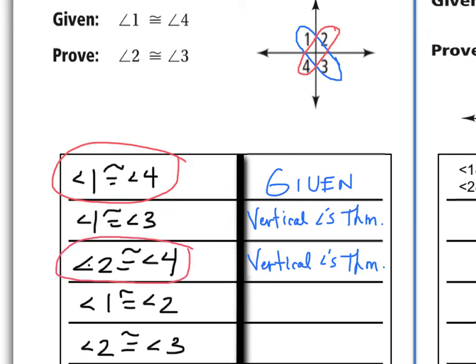If they're both congruent to the same thing, then they're congruent to each other. This is a case of the transitive property.